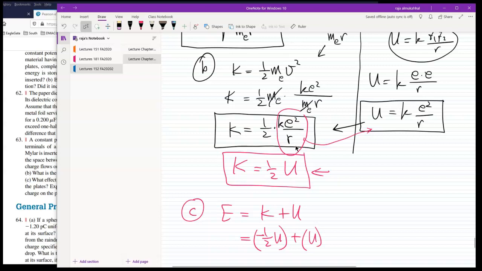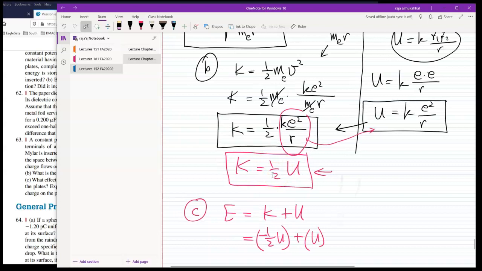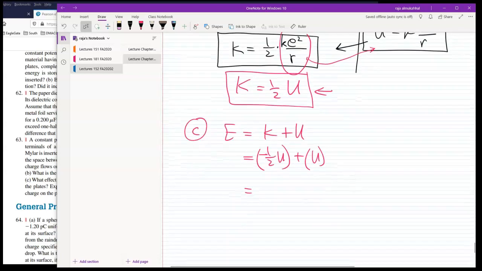So for magnitude, yes, it is half U. But if I want to actually calculate the total energy, I have to take into consideration the charge of the electron. So in this case, it will become minus 1/2 U plus U, and that will give me a positive half U in this case. Okay, and there we go.